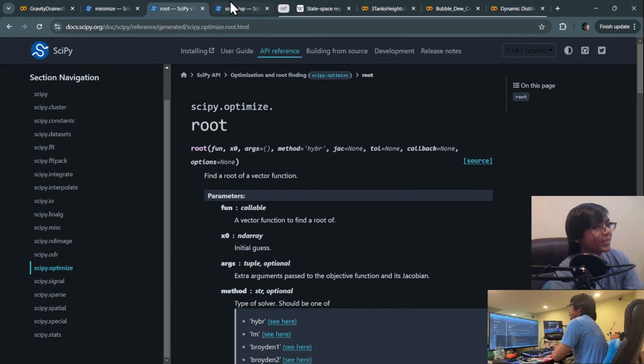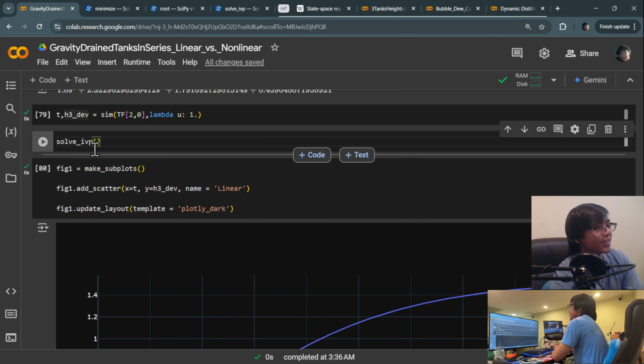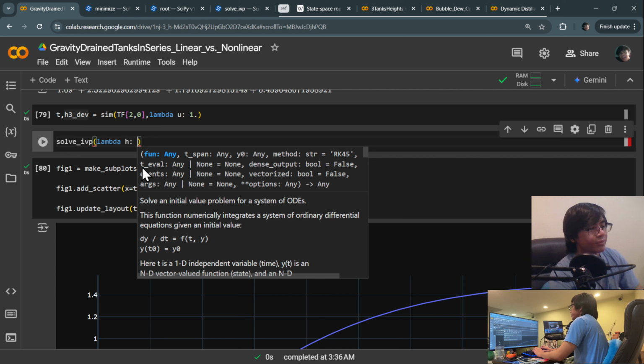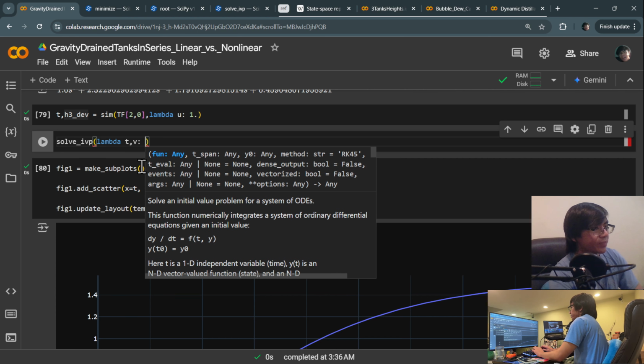Our function, we have to do a lambda since the parameters for the right-hand side were time, height, and qin. So qin we have to specify. That's why we're doing lambda.